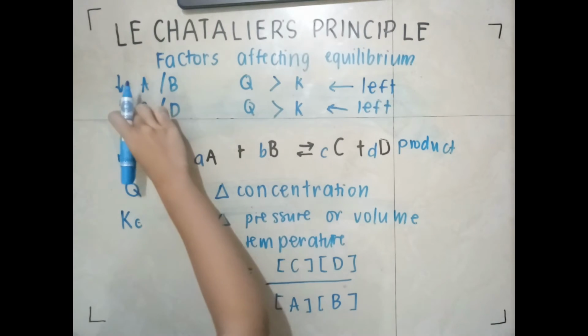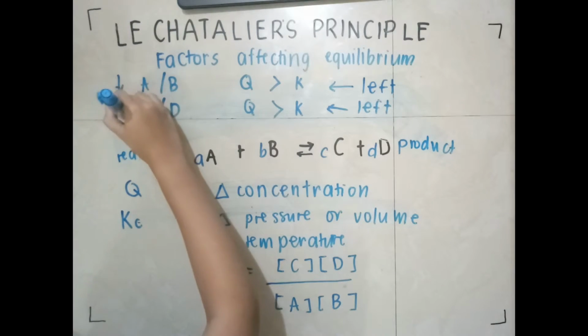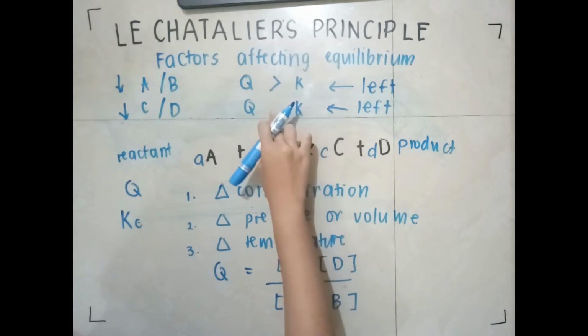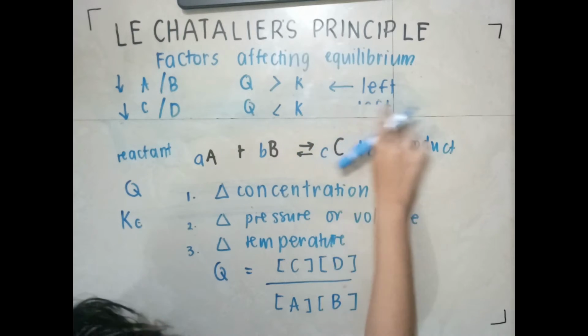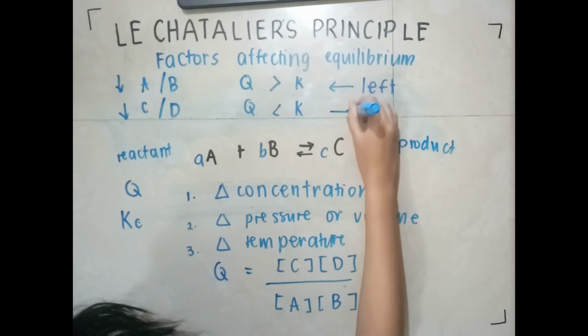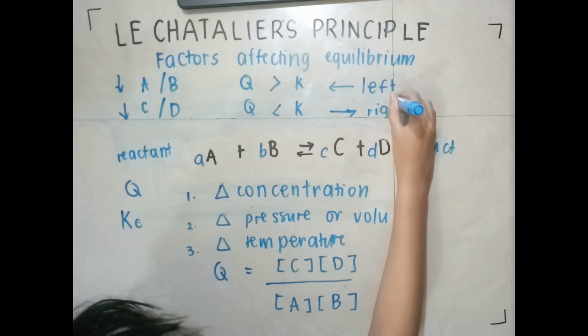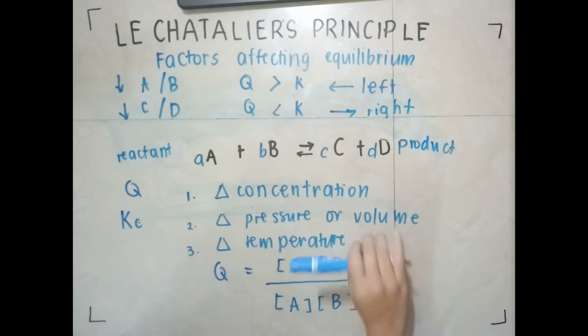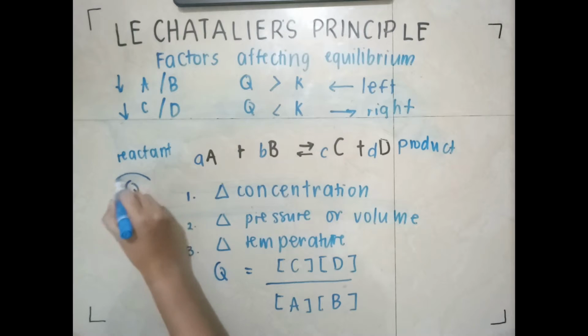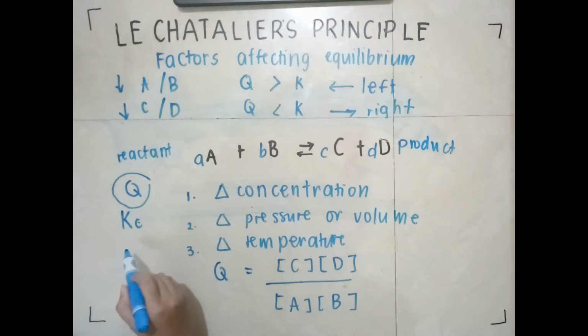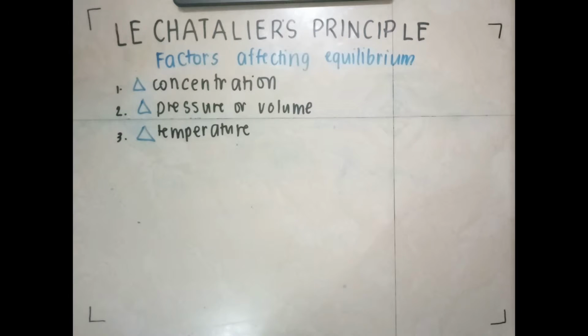And when we decrease C or D, Q will be less than K, meaning the reaction will shift right. Remember, changing the concentration changes Q and Q only. It doesn't change Kc.